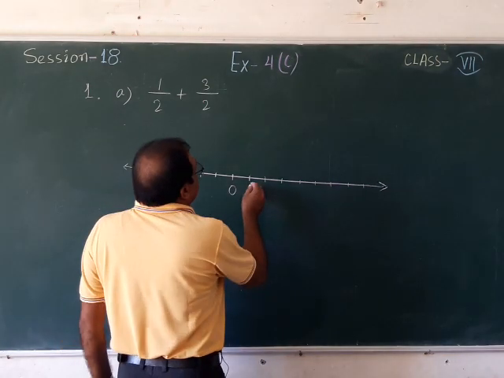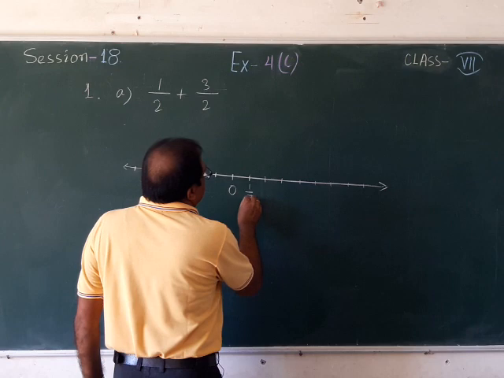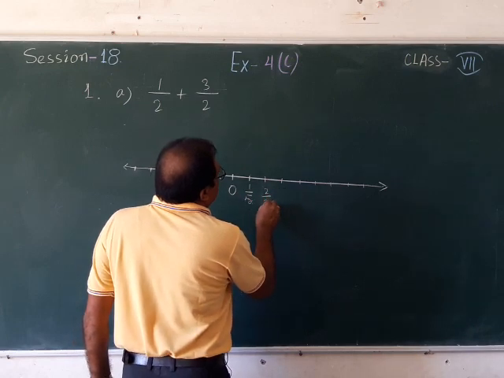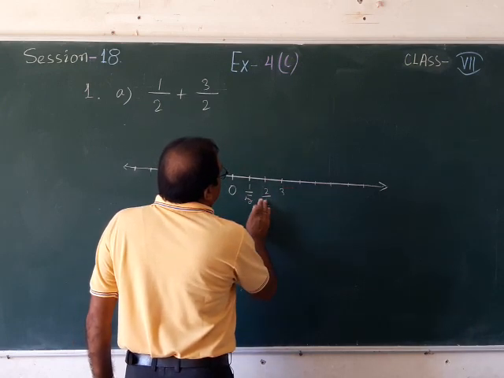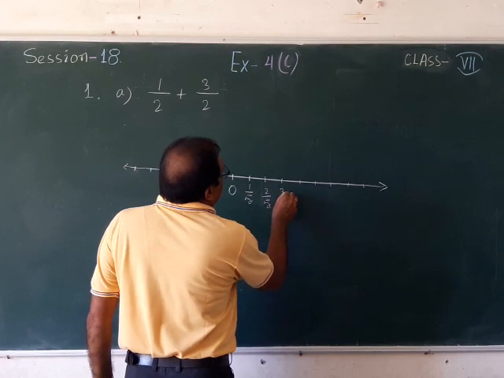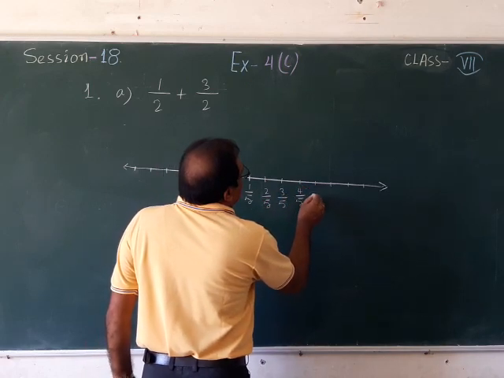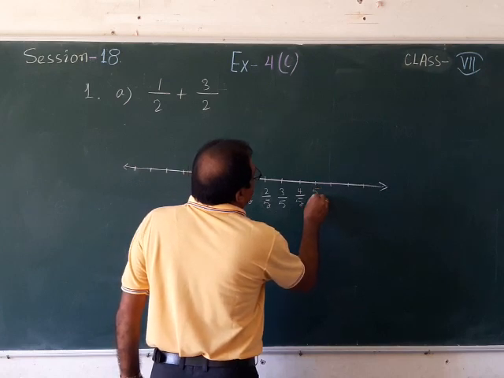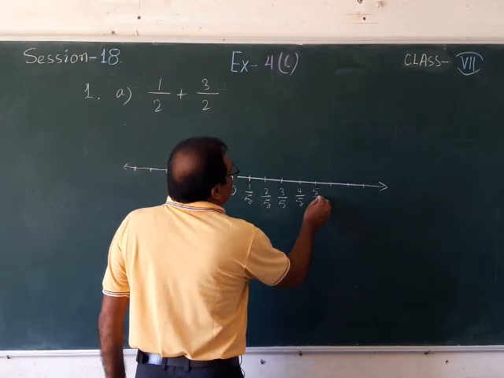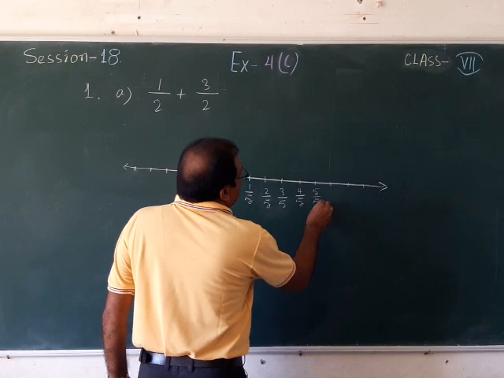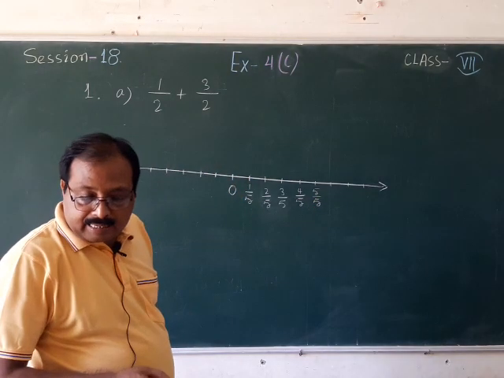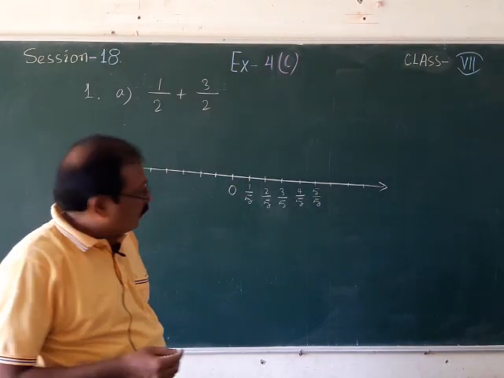Here suppose it is 1 by 5, 2 by 5, 3 by 5, 4 by 5, 5 by 5, and like that 6 by 5.